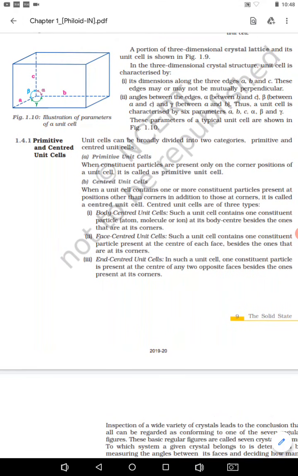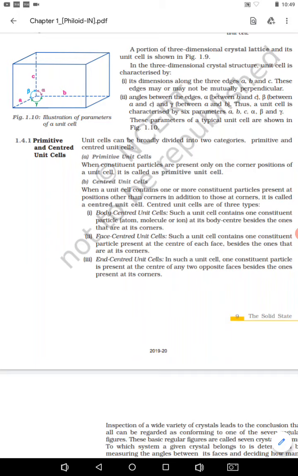The figure 1.10 shows such a hypothetical unit cell. This unit cell has three edges A, B and C, which may or may not be mutually perpendicular, and angles between the edges alpha, beta, and gamma.